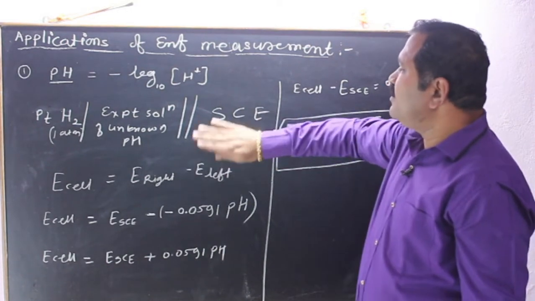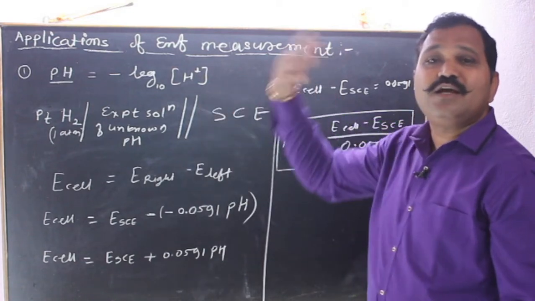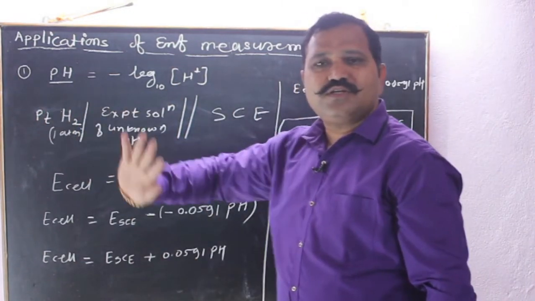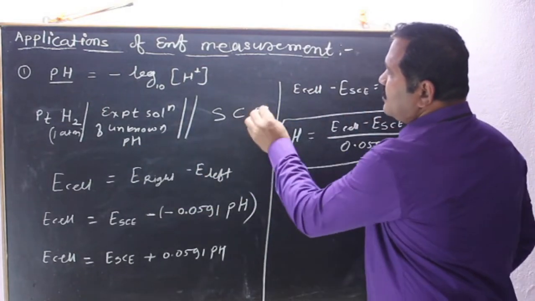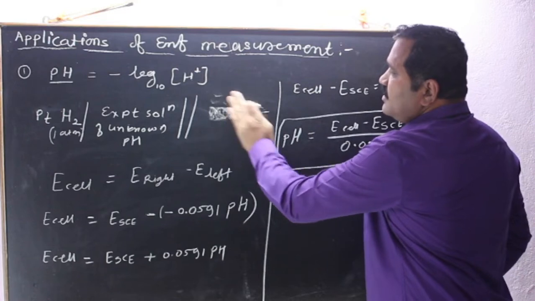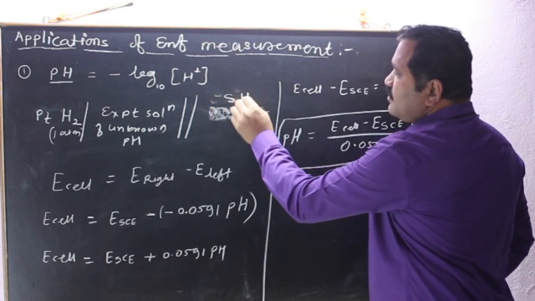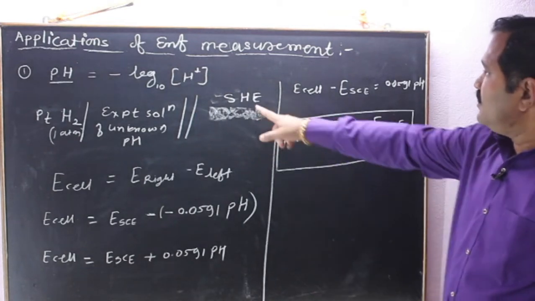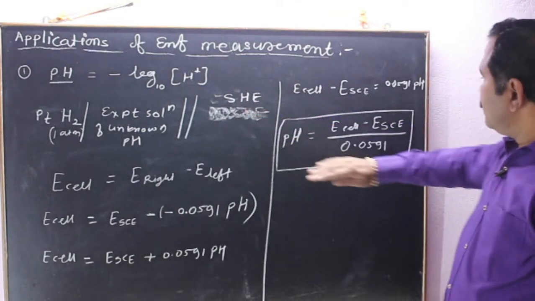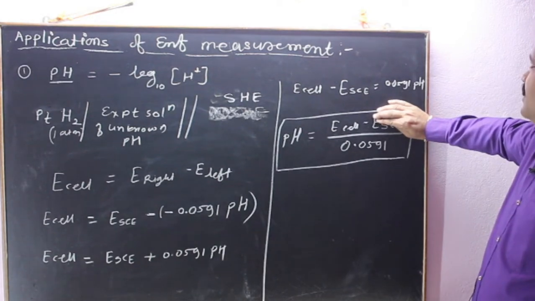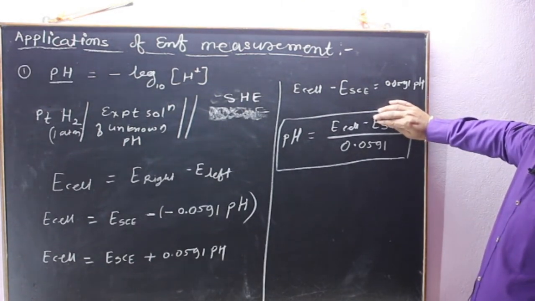Instead of the calomel electrode, if we use another electrode as a reference electrode, this half cell potential is constant. If we use the standard hydrogen electrode instead of the calomel electrode, the potential of the standard hydrogen electrode is 0, which means pH is equal to E cell upon 0.0591.